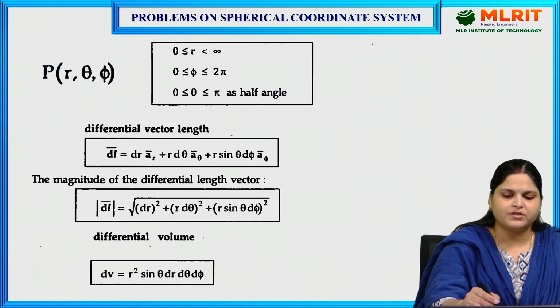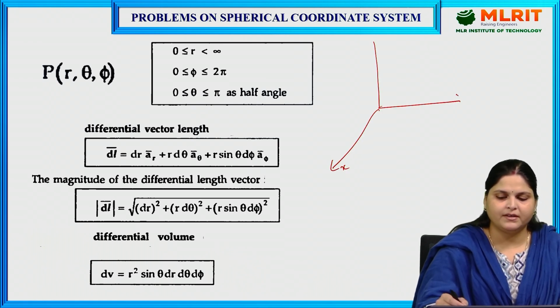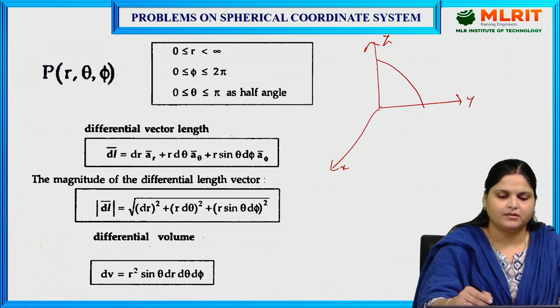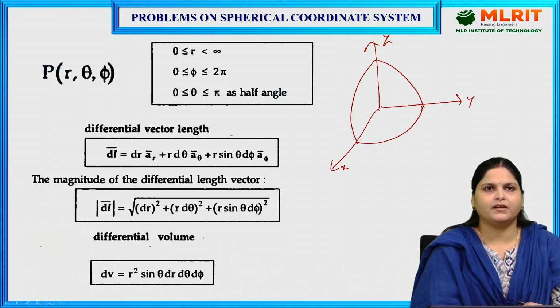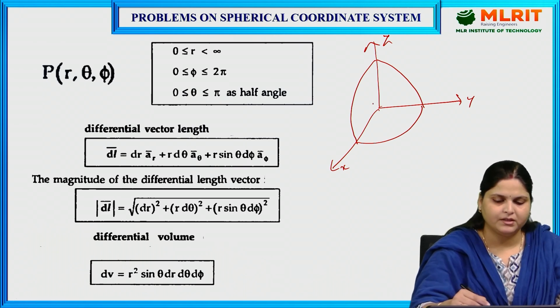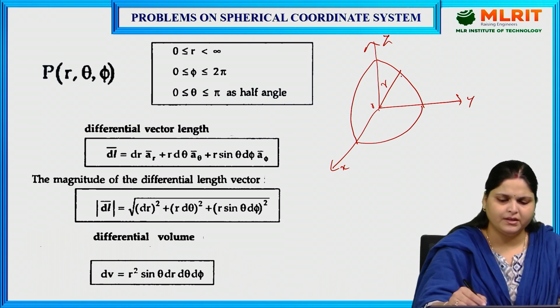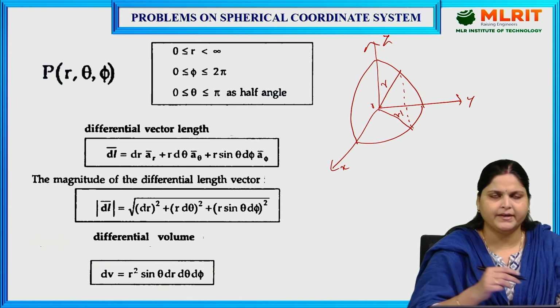Let us first draw the spherical coordinate system to understand the formulas better. This is the origin, this is the radius. When we project it down, here we get r dash.